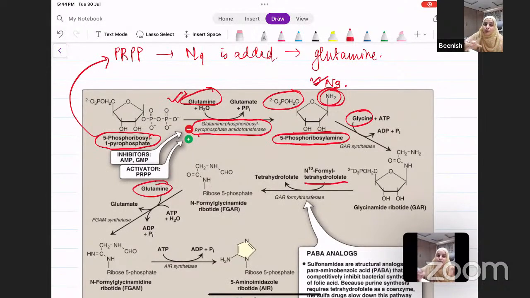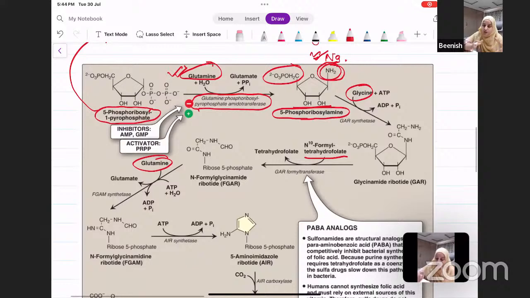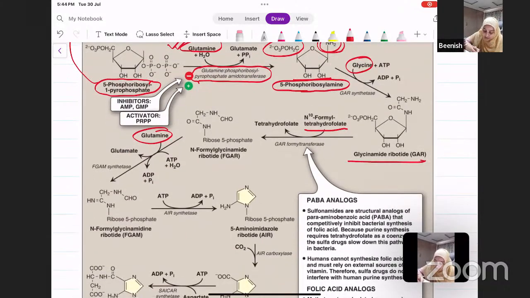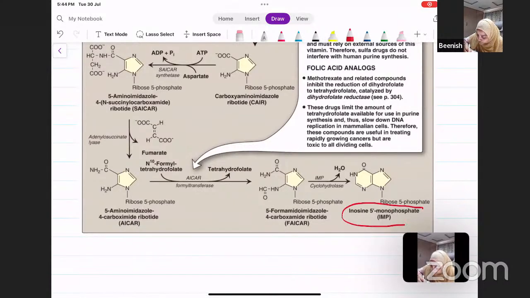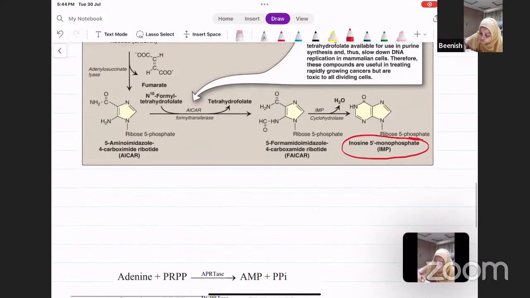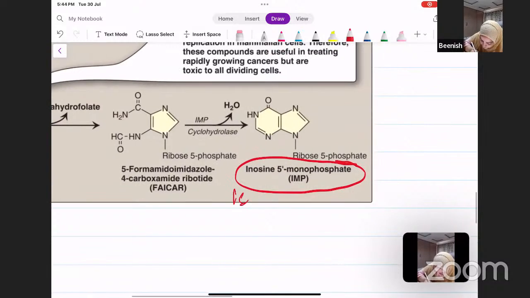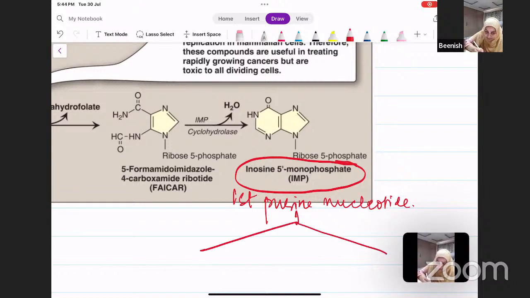Each one of them is going to contribute their carbons and their nitrogen, whatever they're supposed to contribute. Through various steps, as you can see, various intermediates being formed, GAR, FGAM, AIR, all these, you finally end up with IMP, that is inosine monophosphate. This inosine monophosphate is the first purine nucleotide that is synthesized. Now from this IMP, you can get AMP and GMP.